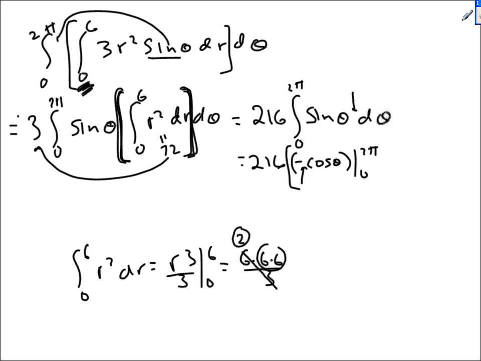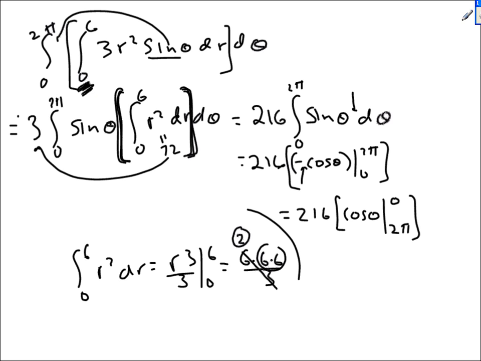So basically, I'm factoring out the 216. If I just make it positive cosine theta, then I have to change the order of the limits. Okay, cosine of 0 is 1 minus the cosine of 2 pi is 1. That's 0. 216 times 0 is 0.